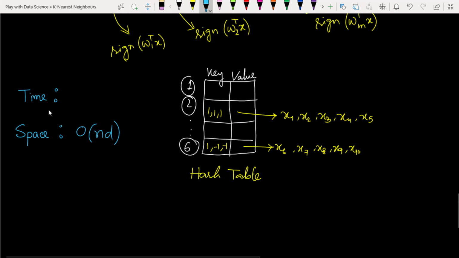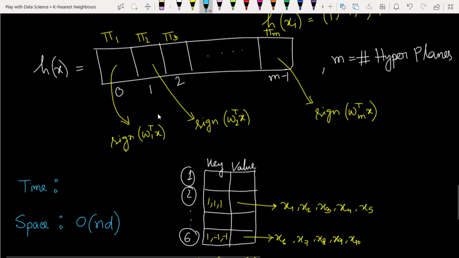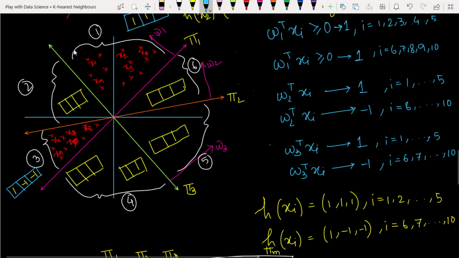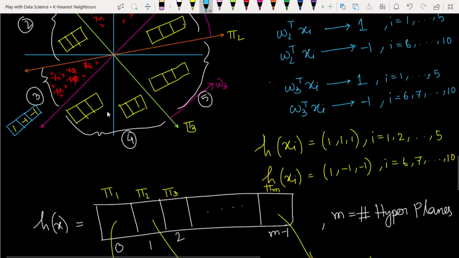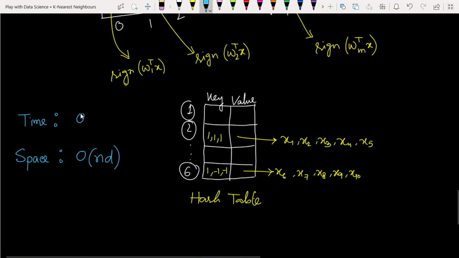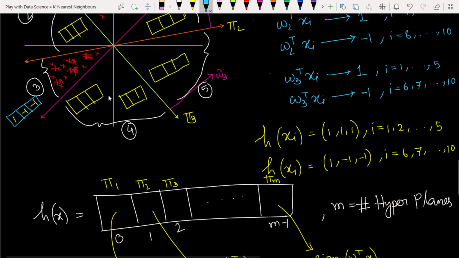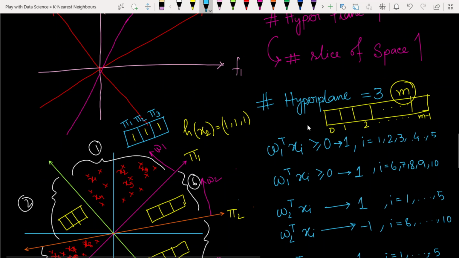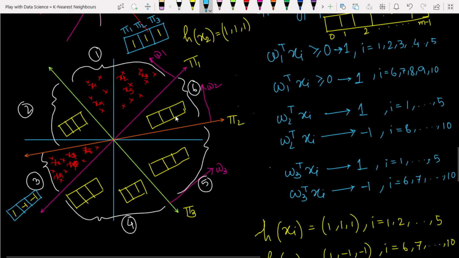And what will be the time complexity to construct this? For each slice, we have to take order of nd time. For each hyperplane, we first have to compute the multiplications w1, w2, w3 for each data point.